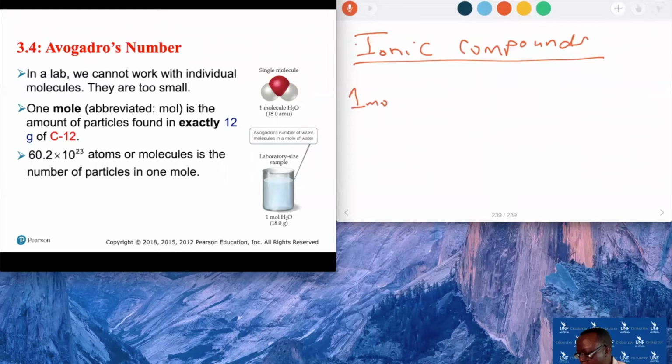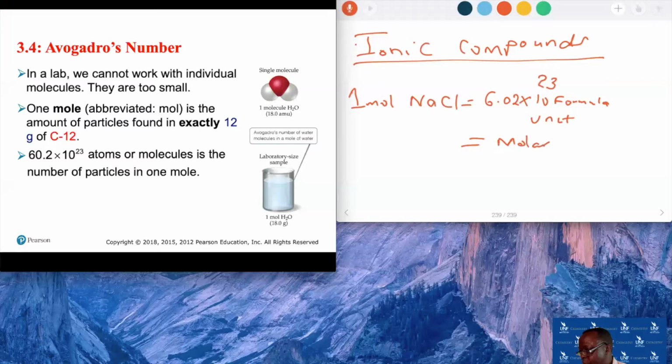We say 1 mole of, let's say, sodium chloride contains Avogadro's number of, and now the term will change to formula units, which equals the molar mass of sodium chloride.